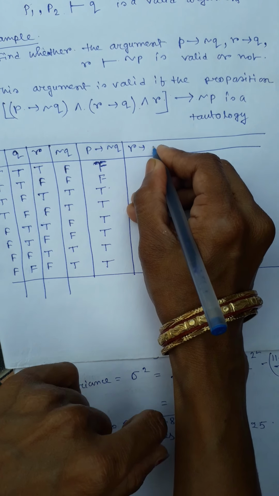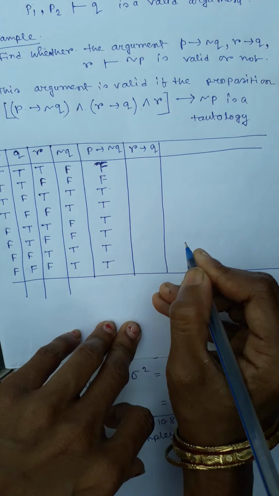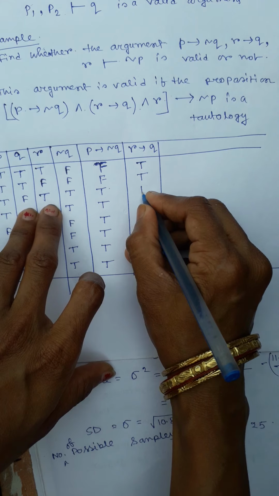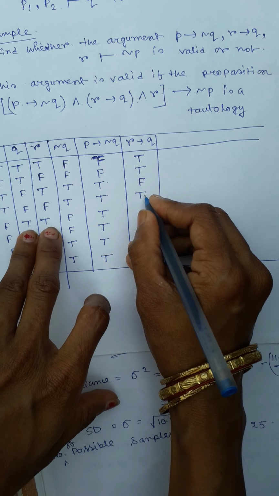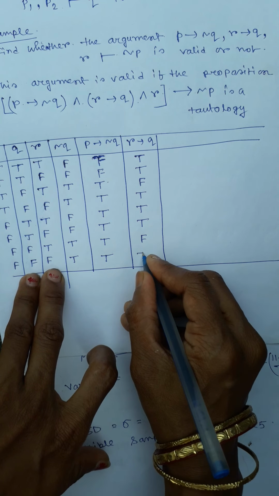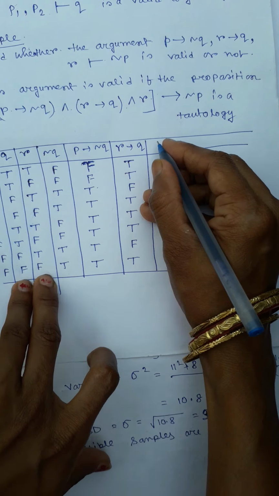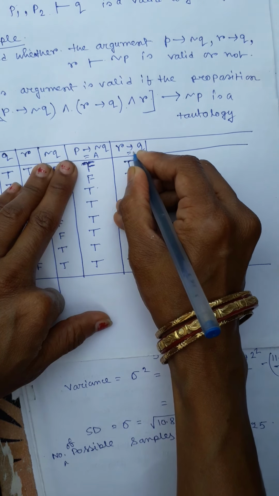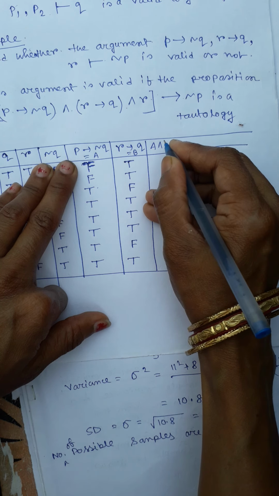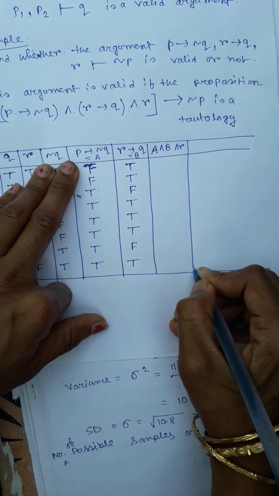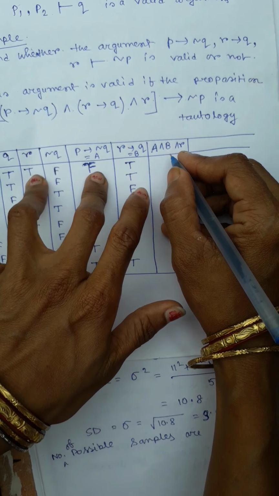Then R tends to Q. This true, this true, this is false, this is true, this is true, true, false, true. Say it is A and it is B. That means A conjunction B conjunction of R. This and this.